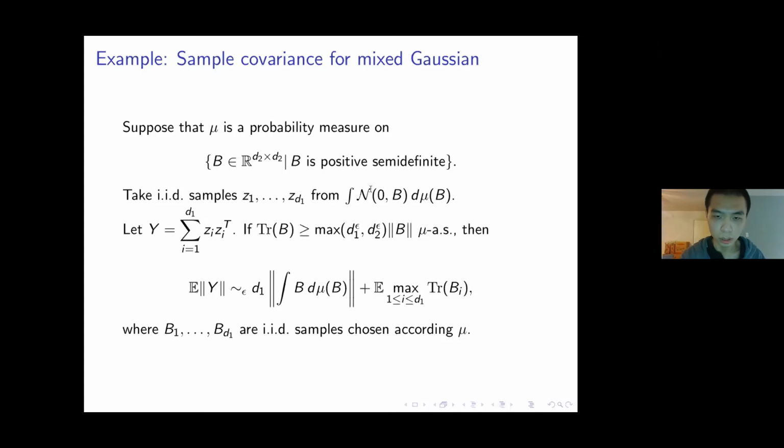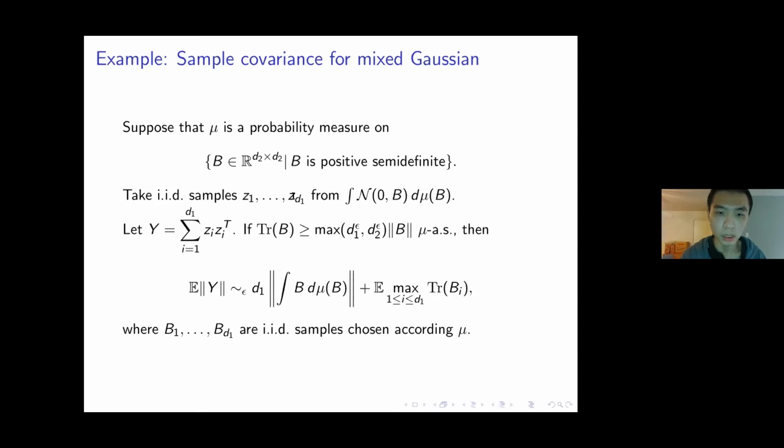So this is N(0, B), the centered Gaussian with covariance matrix B, and then we just integrate this. So take a mixture of Gaussians, so mixed Gaussian. Now this is centered, just to make it simple. So we just take a probability measure on this and then do the mixture.